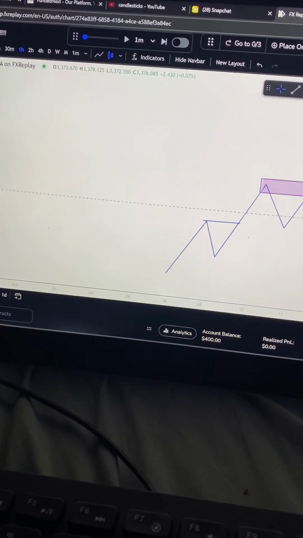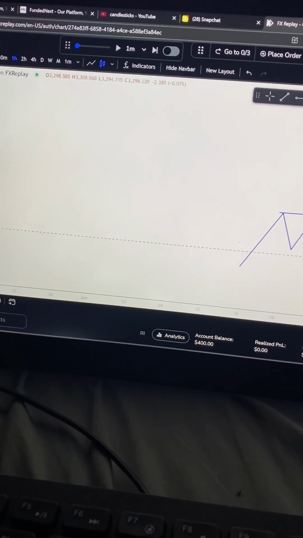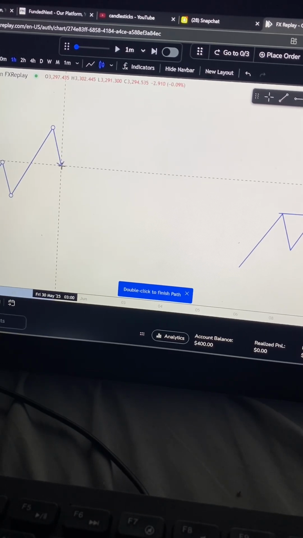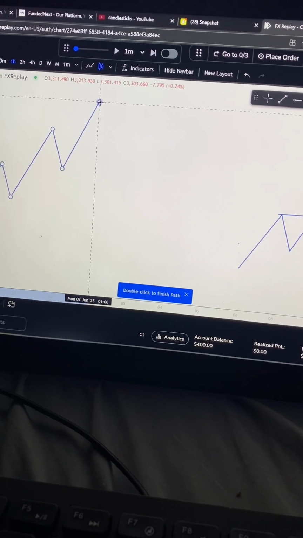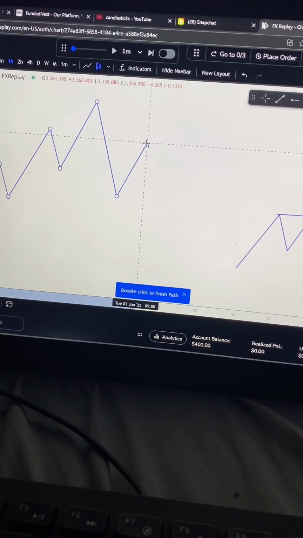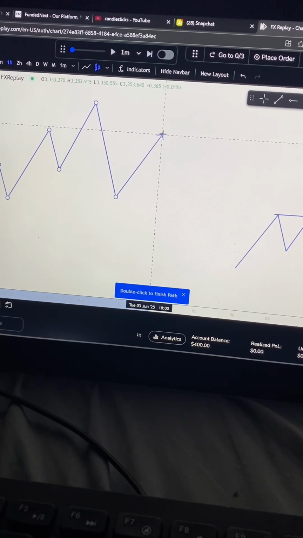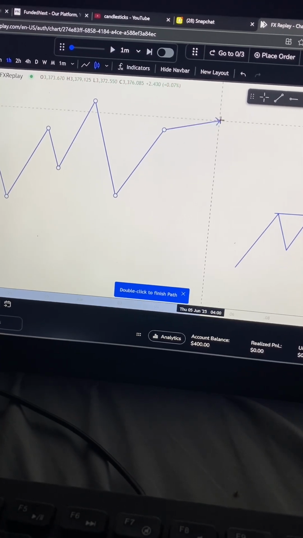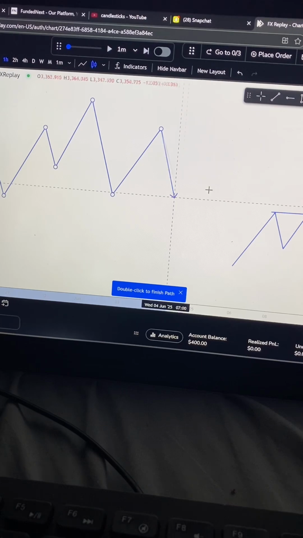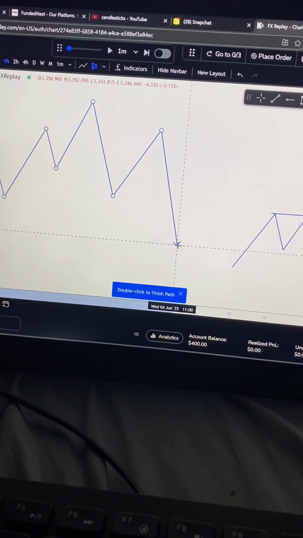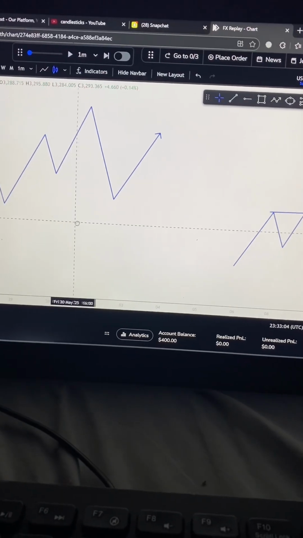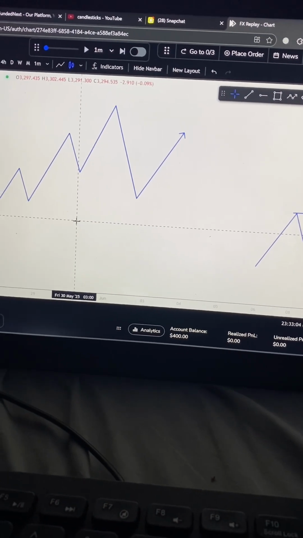Now what if the market did this? Let me add that. What if the market did this? Is it still an uptrend or is it a downtrend?